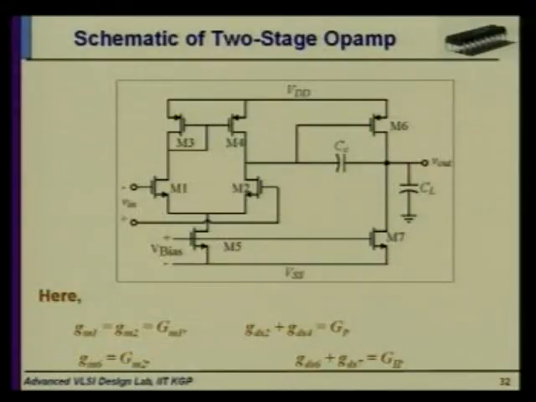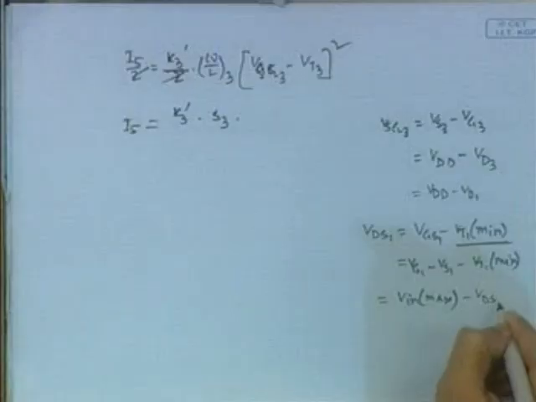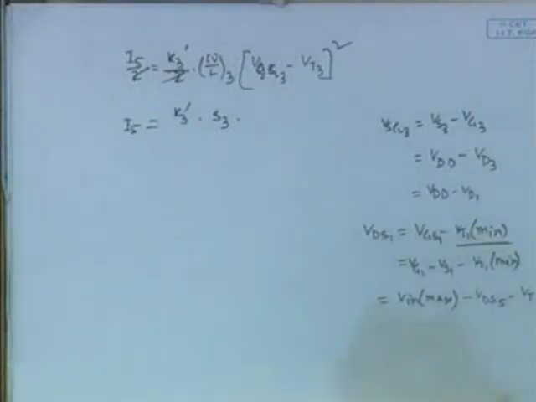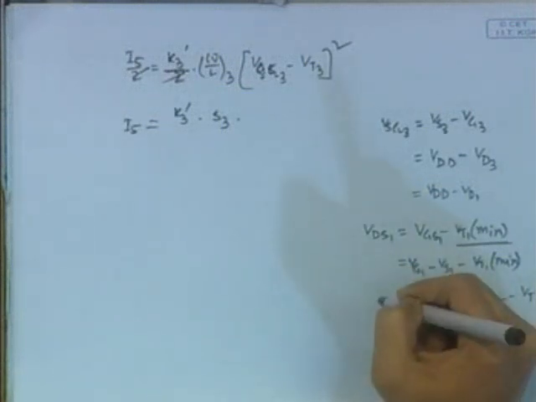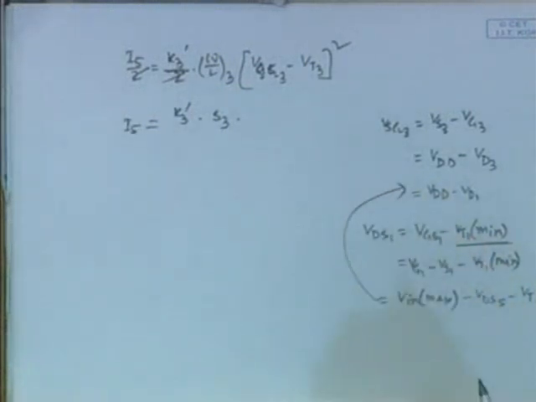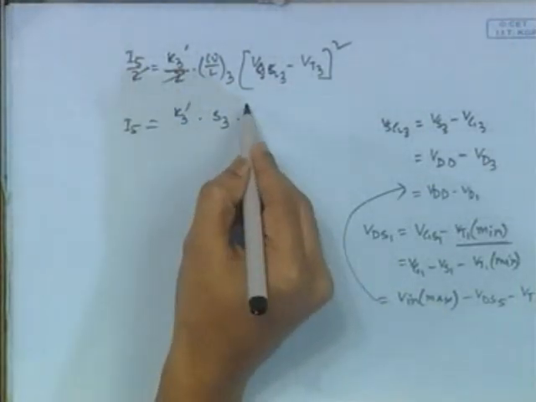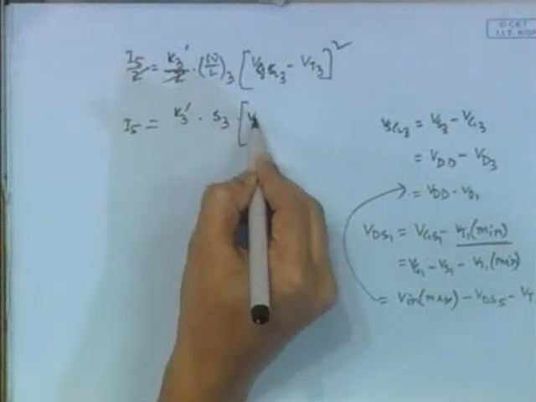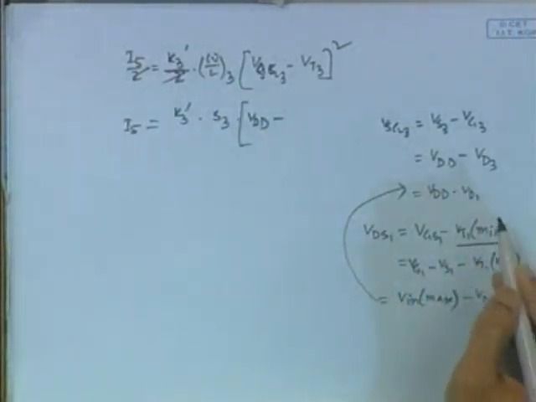That is basically the drain to source voltage of M5, VDS5, minus VT1 min. I will put this value here and we will get the value of VSG3. So VSG3 is basically VDD minus this whole thing.